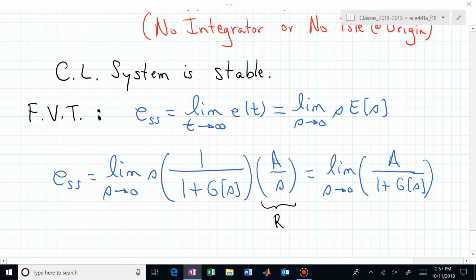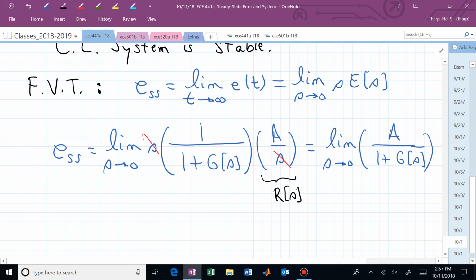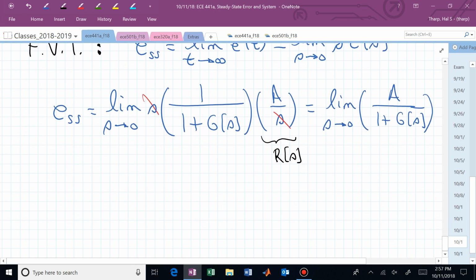Here is our capital R of s. If we now look at what we have, that s cancels that s, and we can now slide that A inside the parentheses, and we have capital A over 1 plus G of s. And we're going to look at the limit as s goes to 0 of that expression.